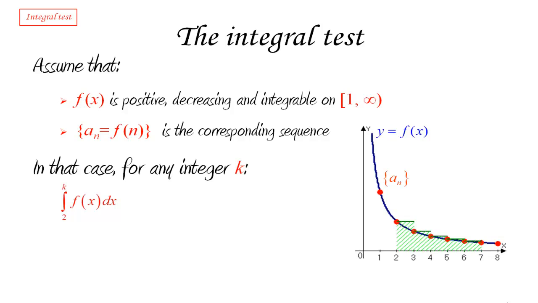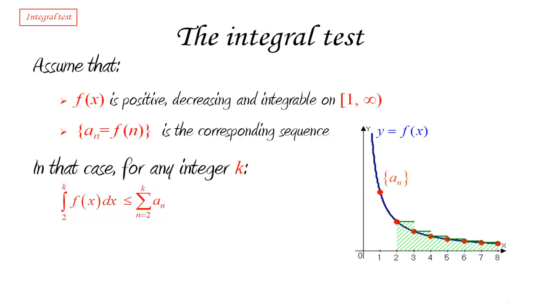So what we see is that the integral, the area under the curve, is going to be less than or equal to the sum from 2 to k minus 1 of the numbers an, right? The area of each one of those rectangles is exactly a2, a3, a4, a5, a6. Well, for good measure, we're going to throw in one other rectangle, the one that would correspond to a7.